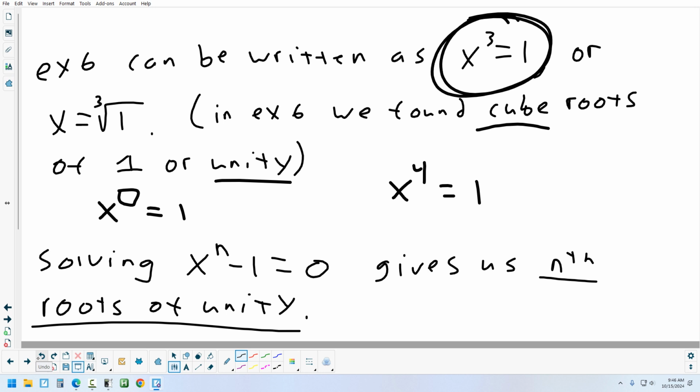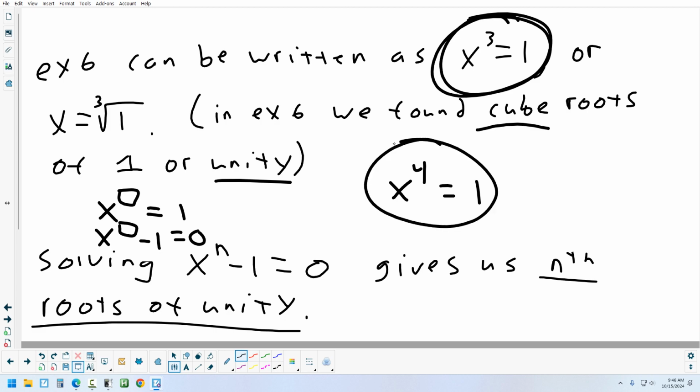And then, if you think of bringing that 1 to the other side, you'd have something like x to a power minus 1 equals 0. And the goal now is to solve that. Whether you use rational root theorem, quadratic formula, synthetic division, that depends on the problem. But this is the type of equation we're going to be setting up in the next problem.